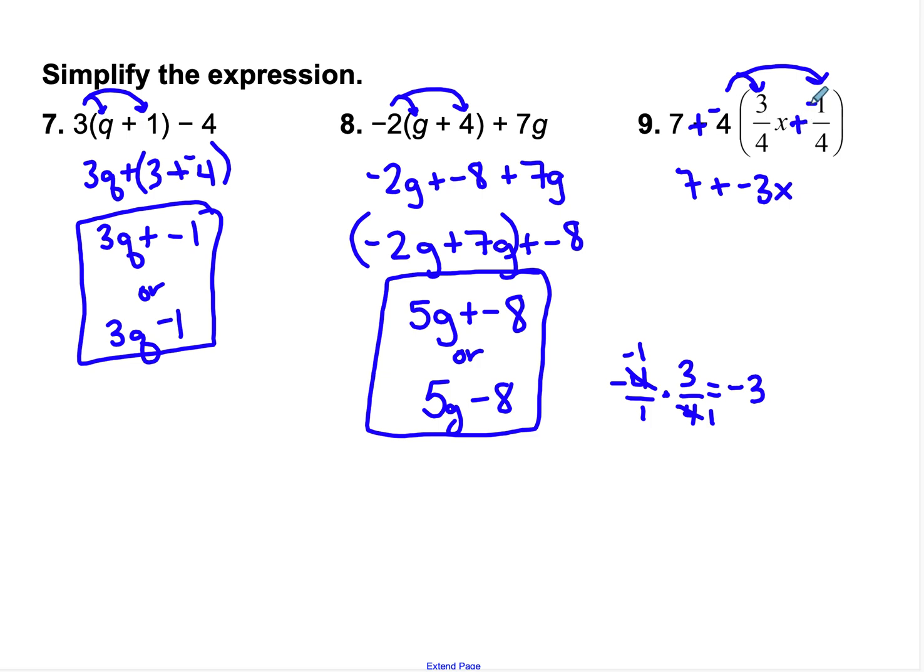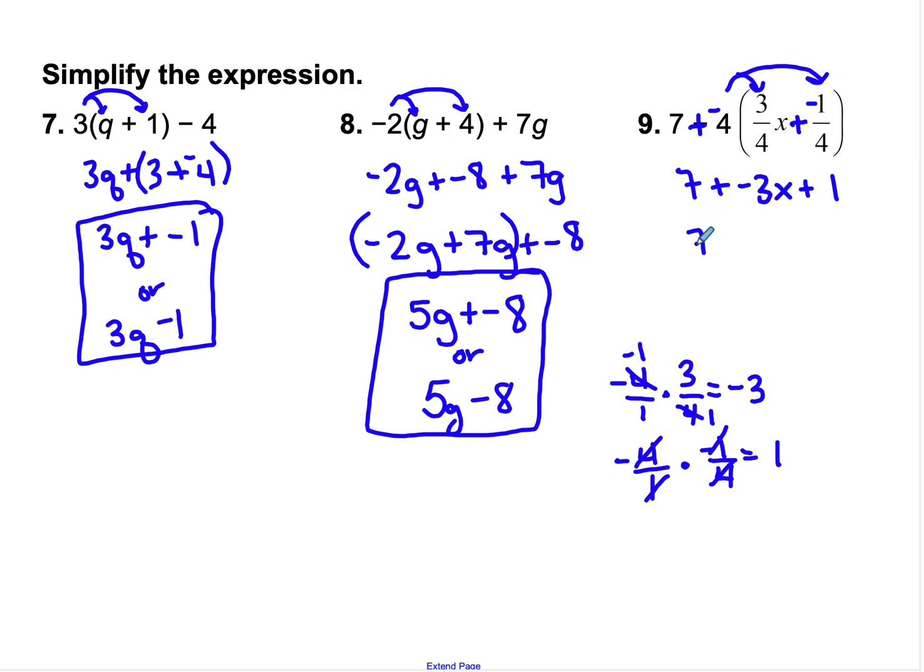Boom, boom, that's a -1/4. I'm going to go -4 over 1 times -1 over 4. Those two are reciprocals. Hopefully you can see it. The 4's can cross cancel, the 1's can cross cancel. So we're left with a positive 1. Okay, so now I need to reorder them with my like terms together.